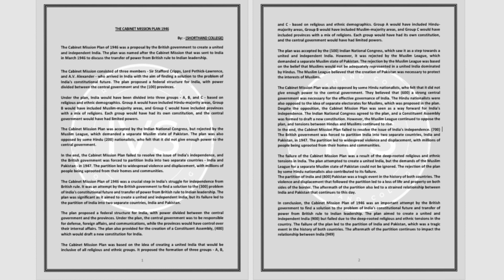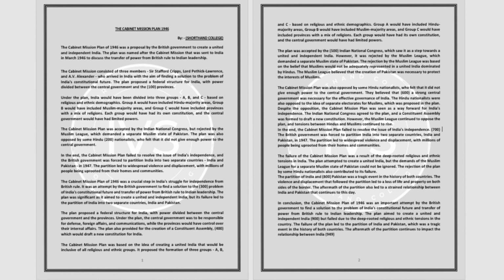The Cabinet Mission Plan was accepted by the Indian National Congress but rejected by the Muslim League, which demanded a separate Muslim state of Pakistan. The plan was also opposed by some Hindu nationalists who felt that it did not give enough power to the central government.